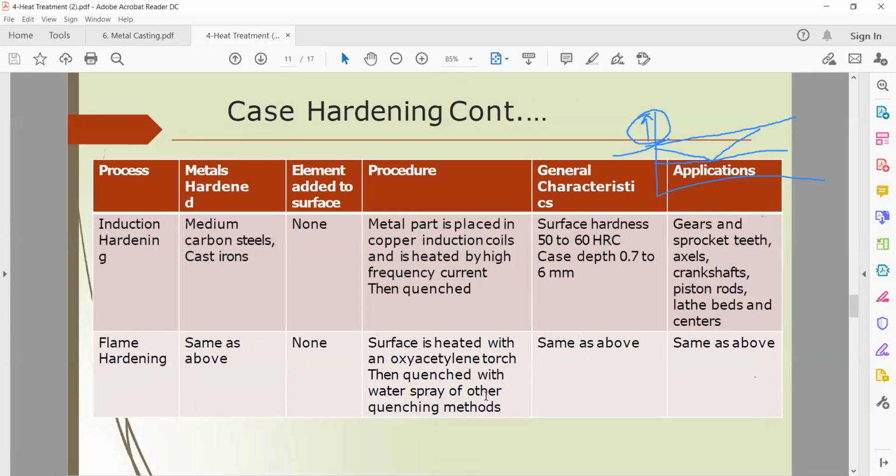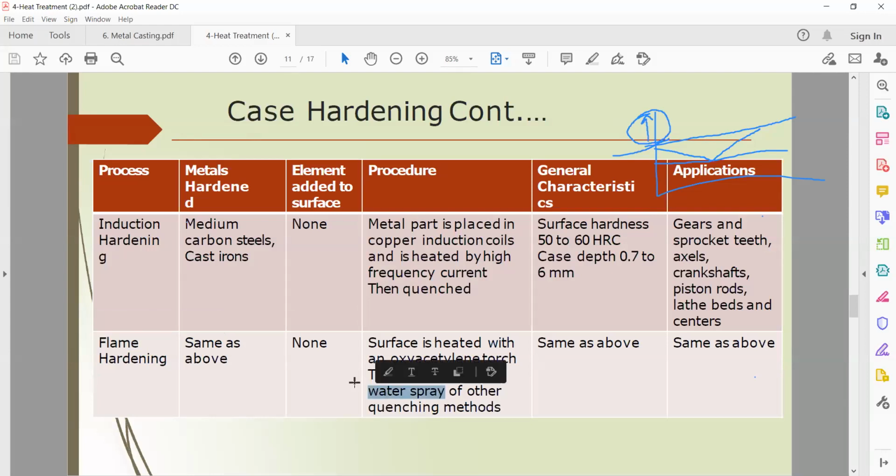Water medium means spraying. You have to use water spray for the cooling process, right? Other things, that is a special case because you are giving the flame, right? That's why you have to use this water spray.